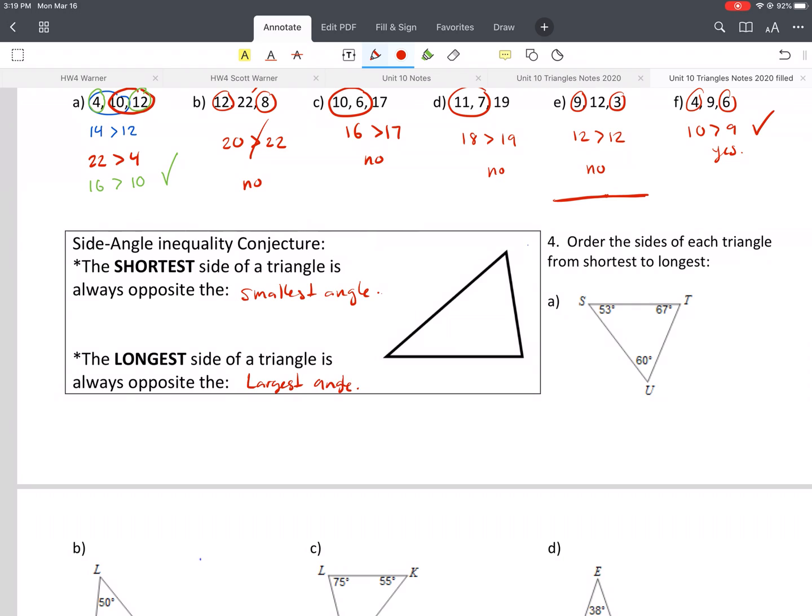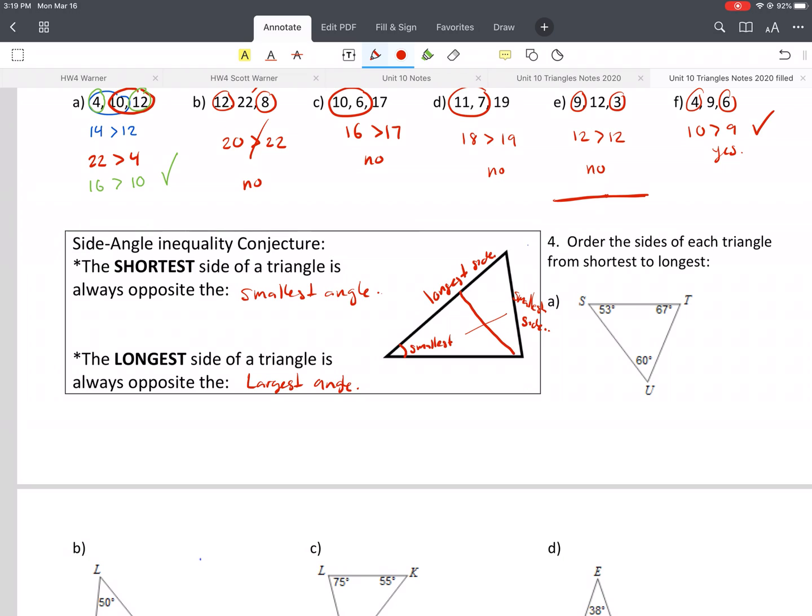If we just look at this triangle right next to us, this is probably the smallest. If that's the smallest angle, then this is the smallest, or shortest, side. Here we have the longest side.